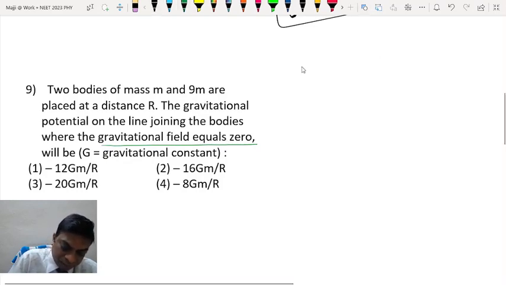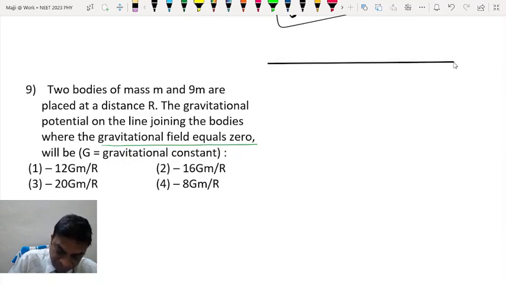Alright. So let us say the separation is r. You have one spherical body of mass m1 and the other spherical body of mass m2 separated by distance r. Now let us say this is the point where the gravitational field intensity is 0.